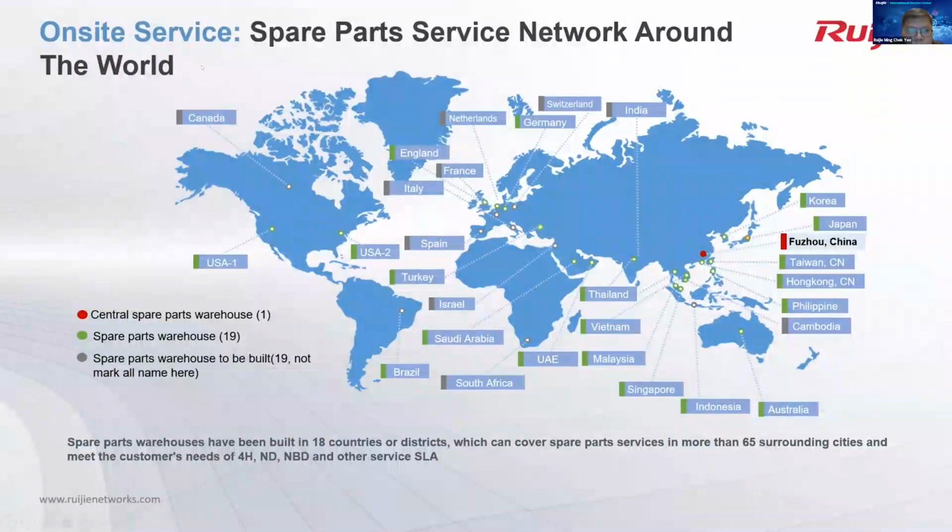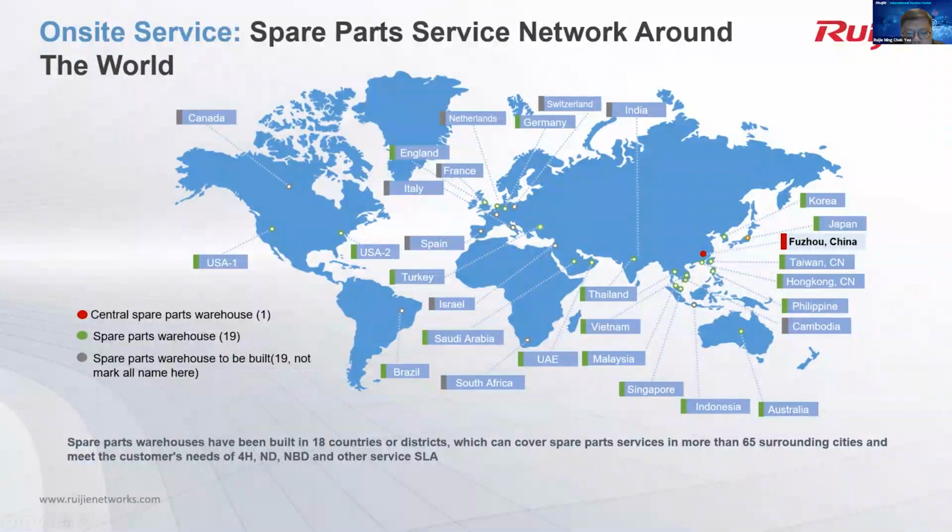And for our on-site service, we have spare parts. For those who have purchased Advanced Hardware Replacement (AHR), you can see our original factory is in Fuzhou, and then we have spare parts currently in the green-colored locations.